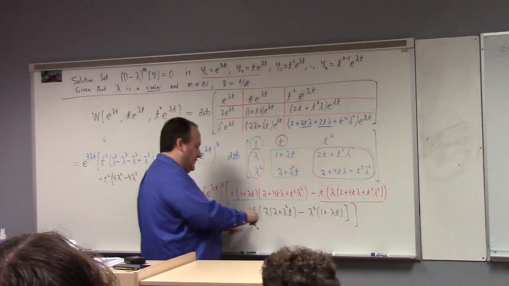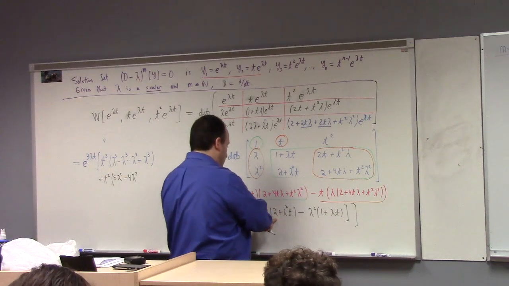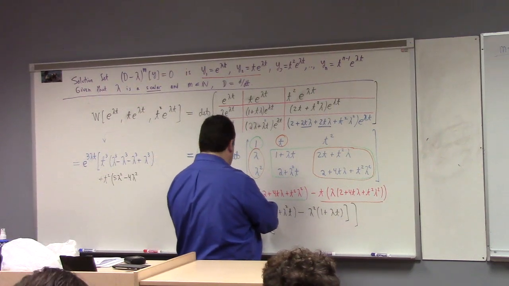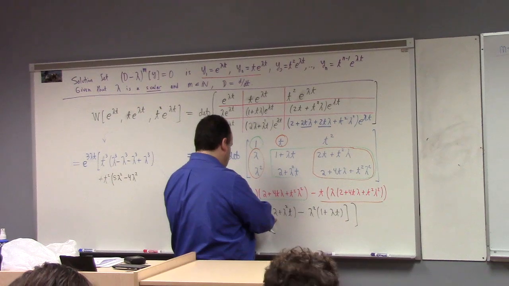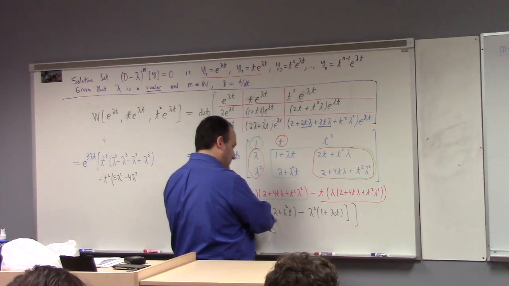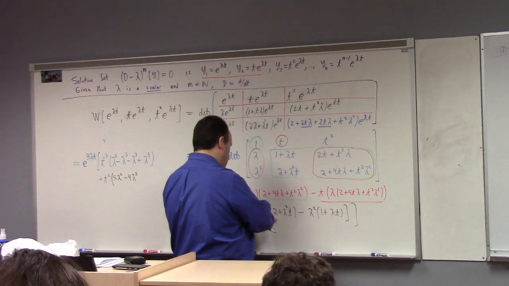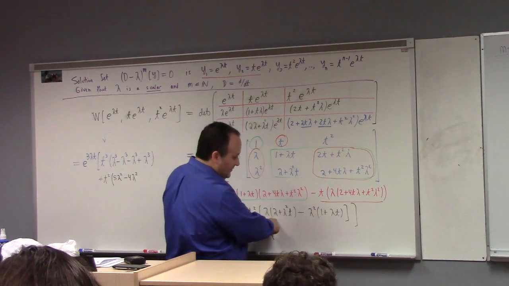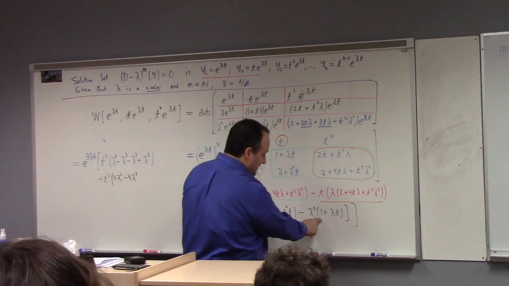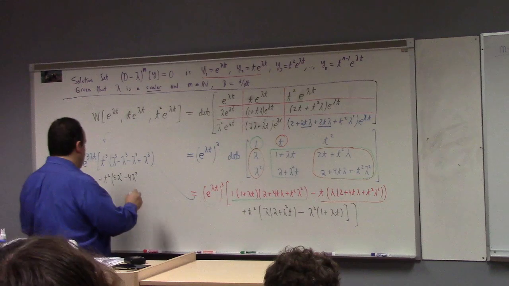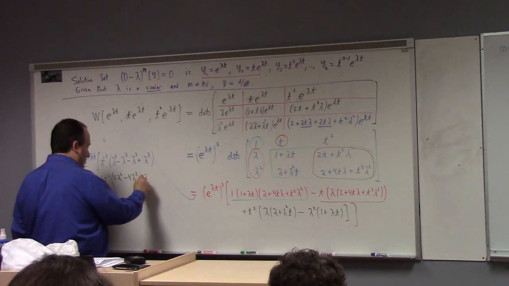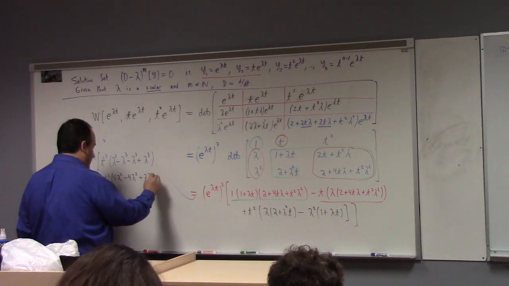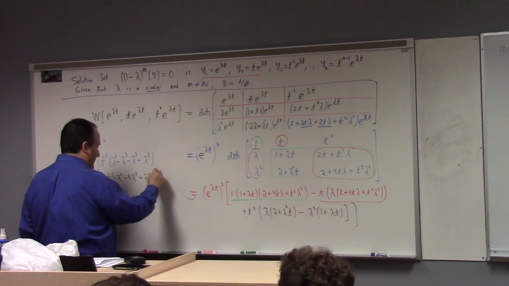How many lambda squared? I got a 2t squared, looks like 2 lambda. I'm looking for t squared terms, right? So anything constant in here, I've got a 2 lambda and a minus lambda squared, right? So I've got plus 2 lambda minus lambda squared, is that right?